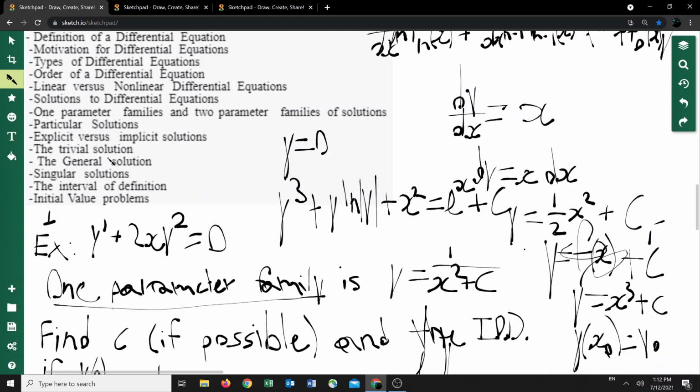The general solution. A general solution, and this goes along with singular solution, is a solution where we can define all solutions to a differential equation simply in terms of an equation with c's. And then singular solutions, this ties in again, are for example, y equals 0.